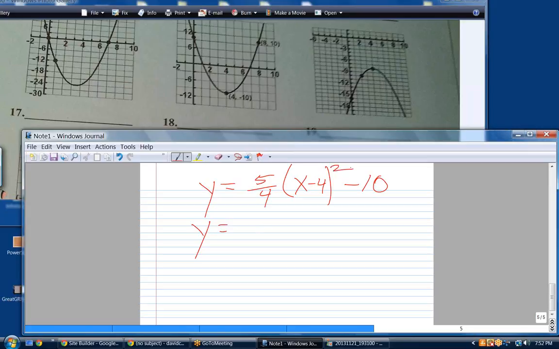Would that x minus 4 turn into 16x? Well, I forgot to put the squared in. So the first thing you need to do is square x minus 4.